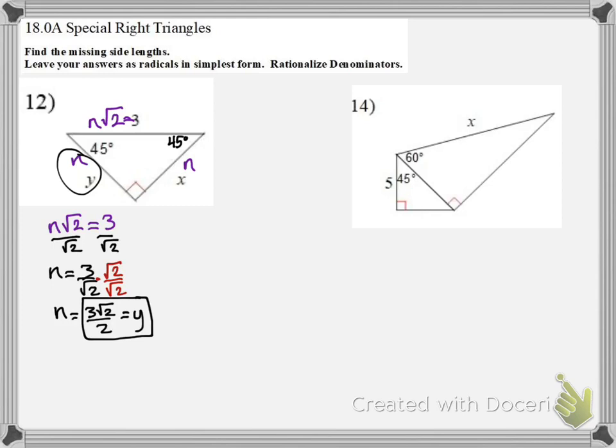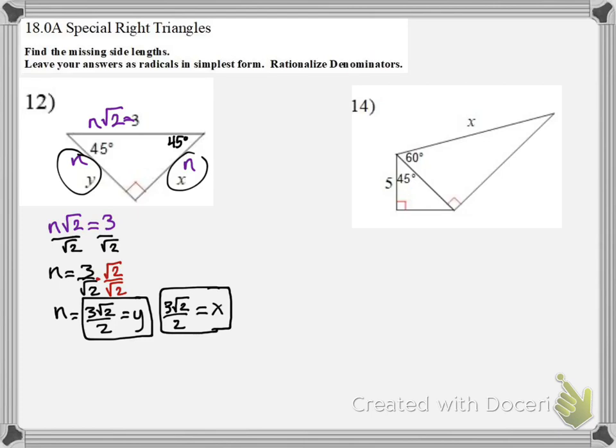And guess what? X should be the same thing. So I'm also going to write 3 root 2 over 2 equals x. And x and y were the only two sides I had to find there because the hypotenuse was already given.